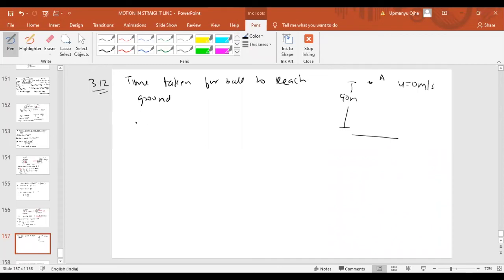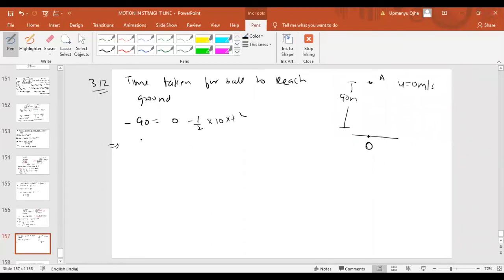We can take the origin anywhere, but it's better we take the ground itself as the origin, the point where it is colliding. So the displacement of A is minus 90 equal to ut, which is 0, minus half into 10 into t square.